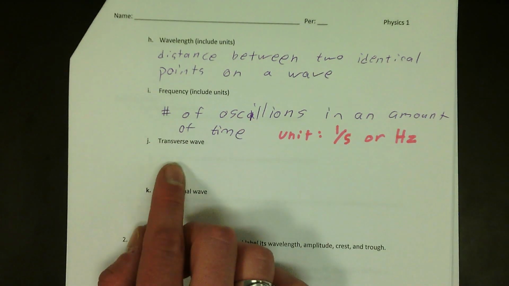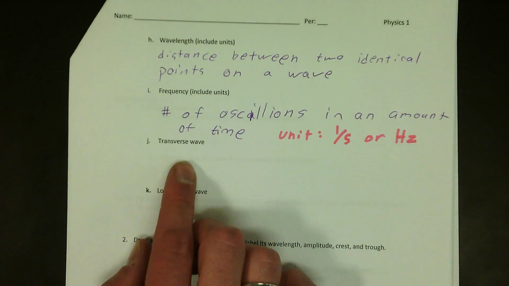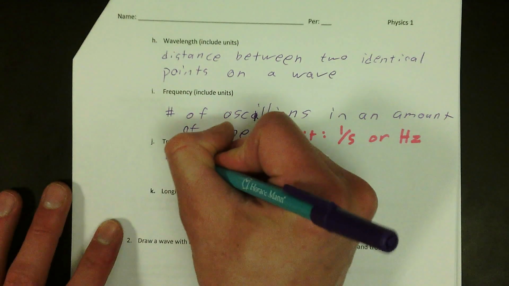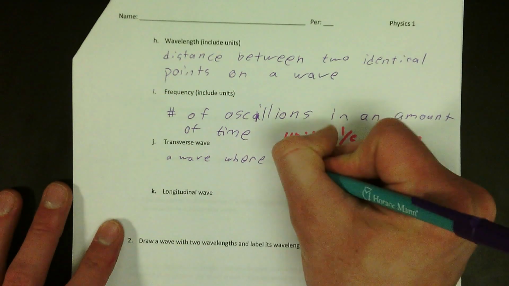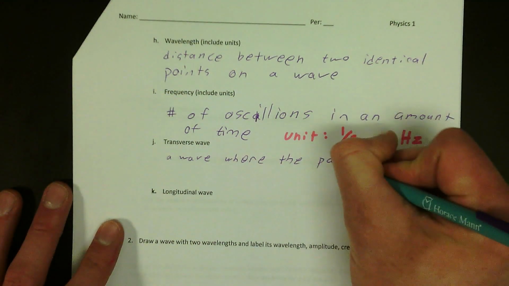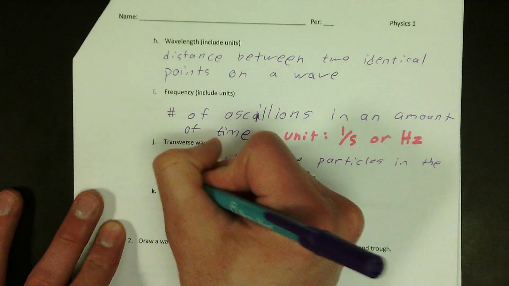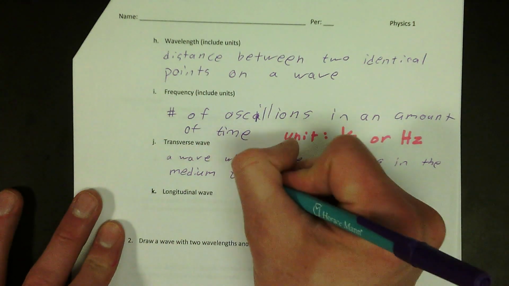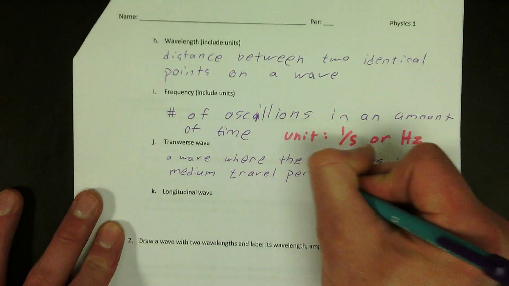Okay. And Tristan, what you got for transverse? Okay. So transverse wave is a wave where the particles in the medium travel perpendicular.